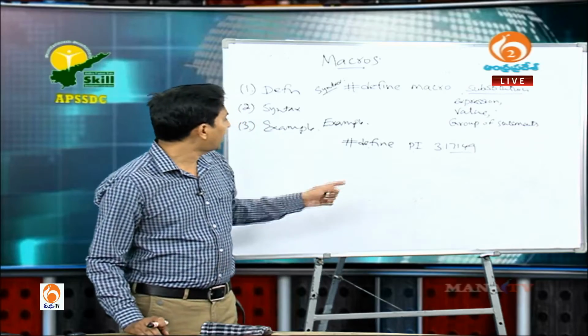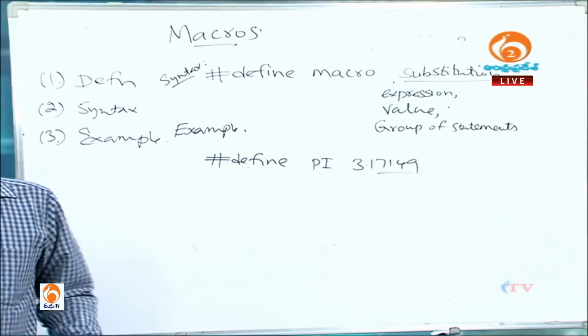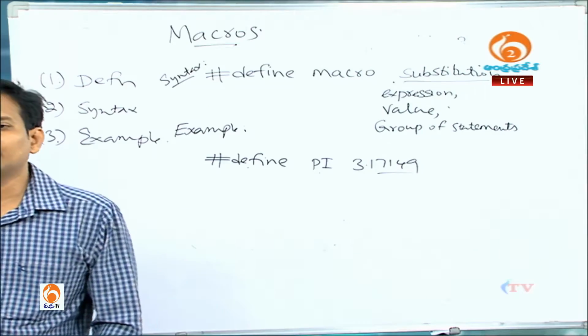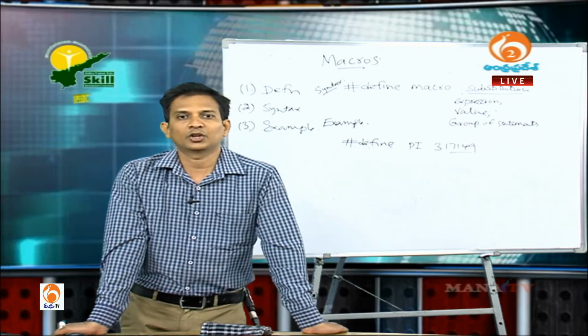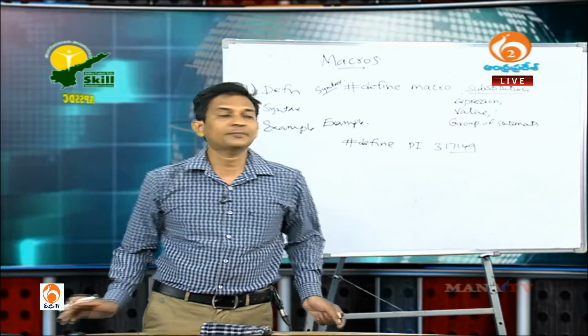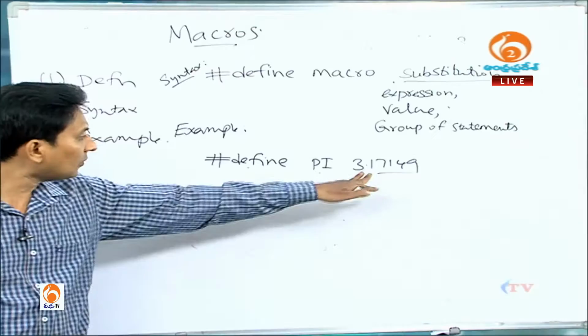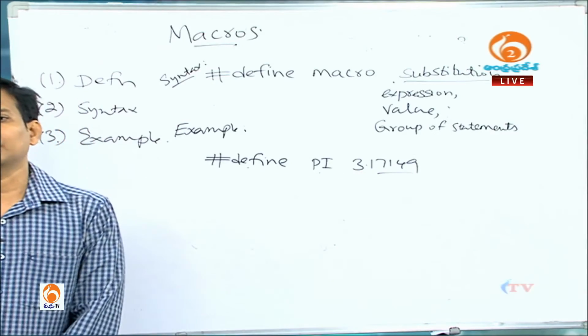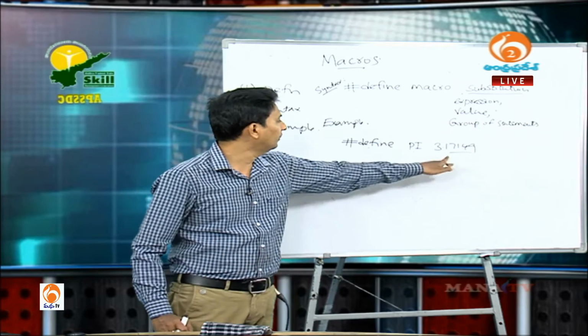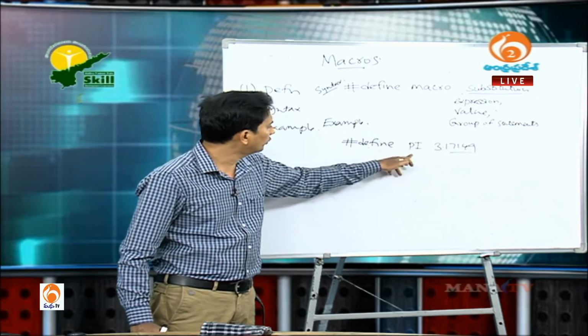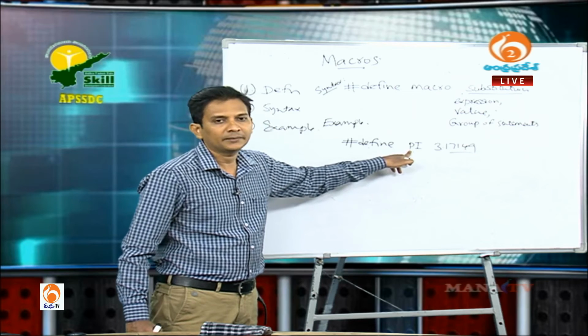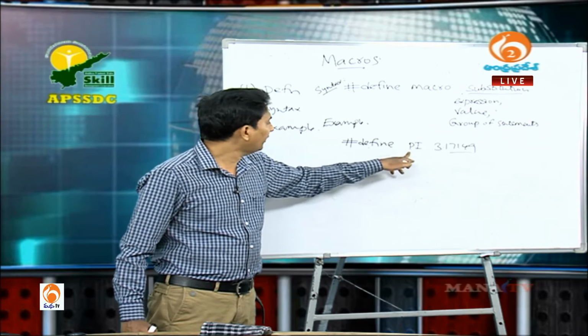And #define, it is also one directive. #define is used to tell the computer's preprocessor to substitute the value in the current program. Throughout the program, this value will be substituted wherever you use this macro call PI. Why am I writing the PI value?